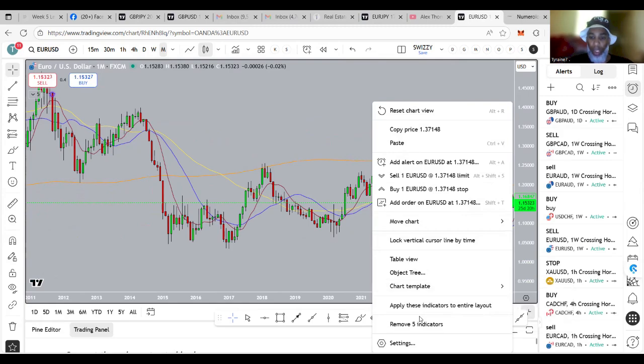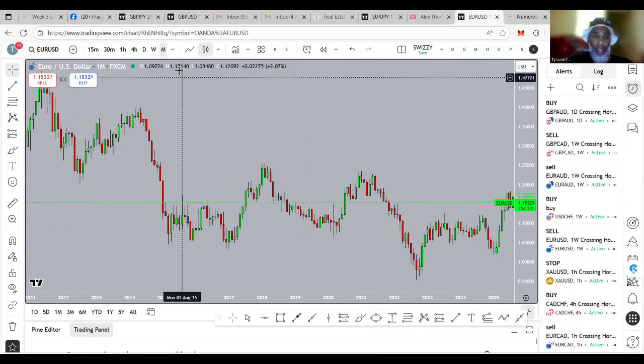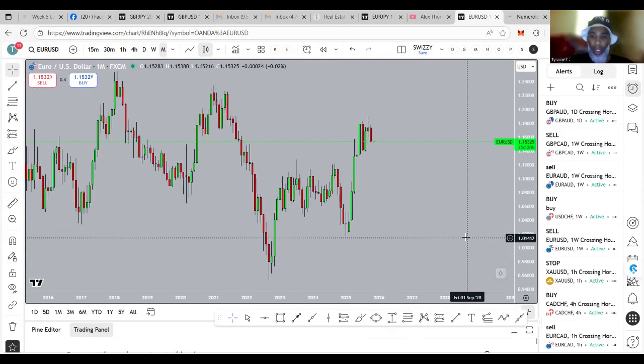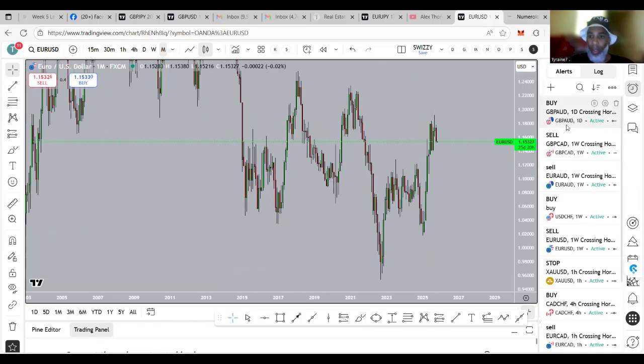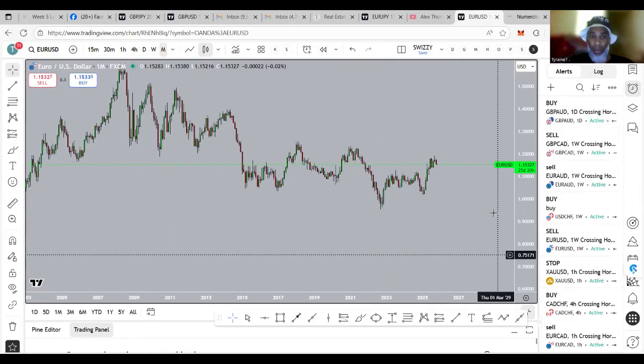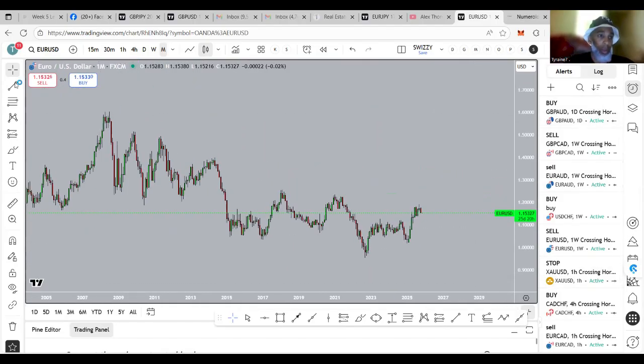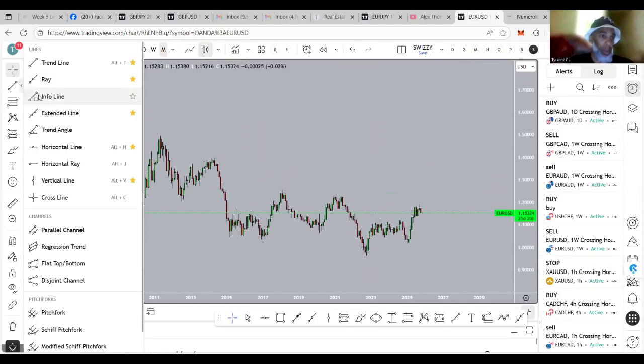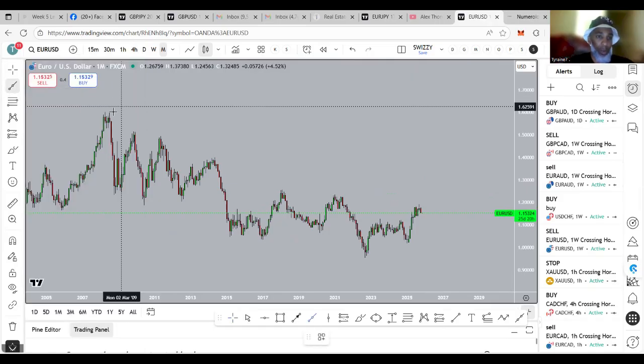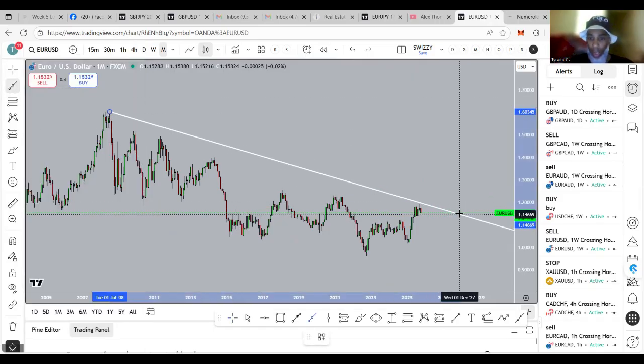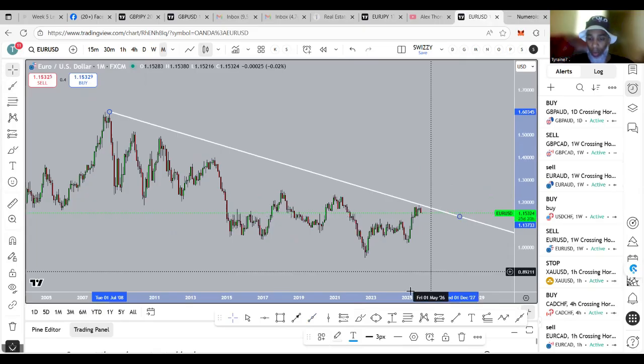But I'm gonna remove those indicators, and now we're looking at the monthly. And as you can see, on the monthly, you scroll down, show you something. We can do a trend right here, all the way to here for the monthly.